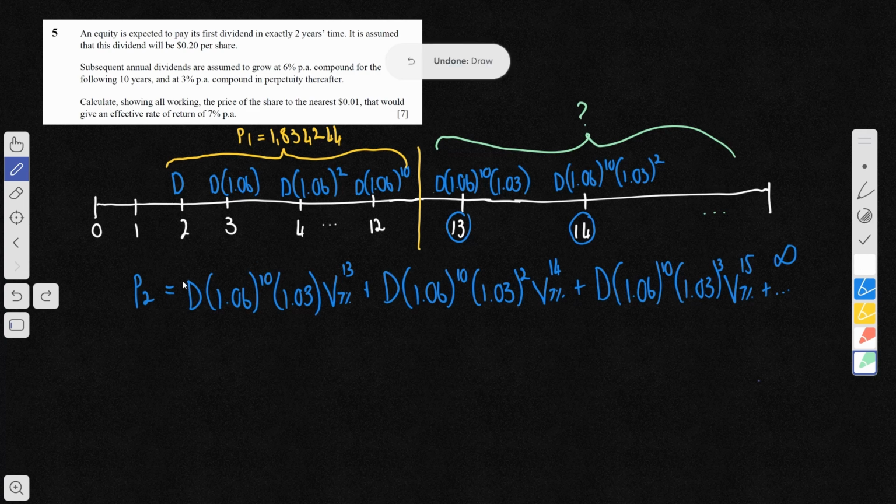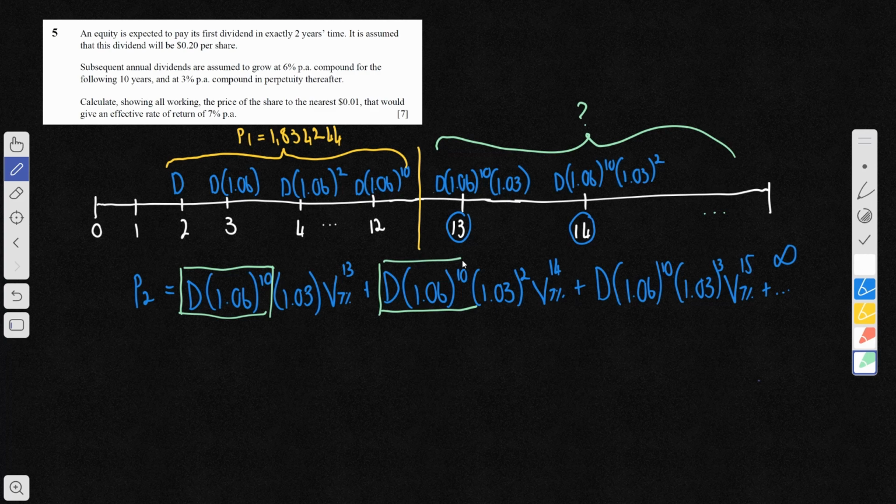The first thing we need to do is to notice this common term in each of these factors, which is the initial dividend of D times 1.06 to the power 10, so in other words, with 10 years worth of growth. And each of the terms has this factor.